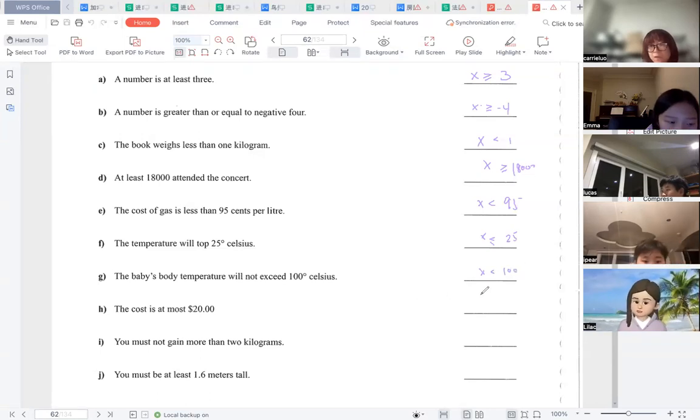Very good, very good. Okay, I Pierre, the cost is at most 20. X is smaller or equal to 20. Very good. You must not gain more than 2 kilograms, Lucas.